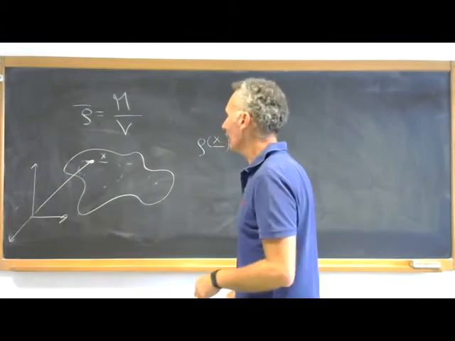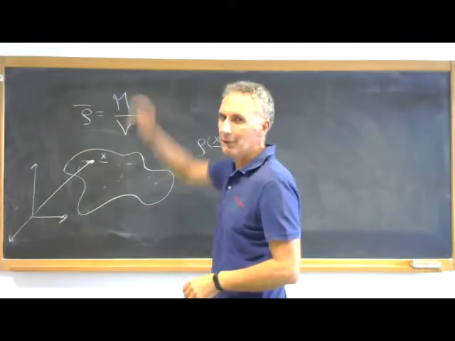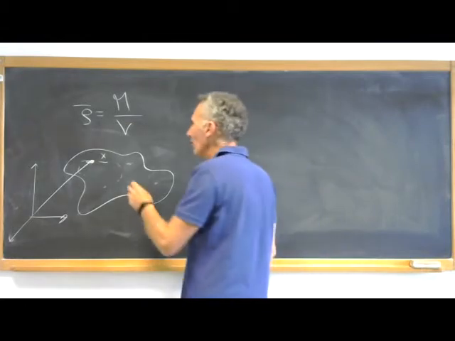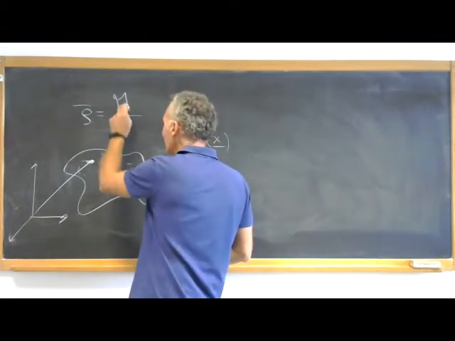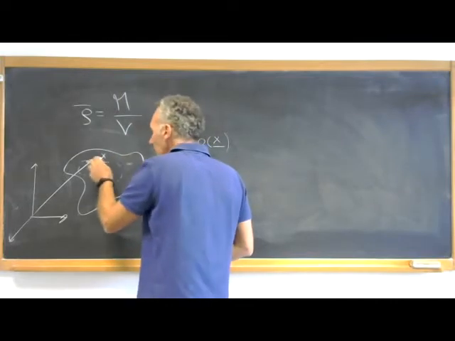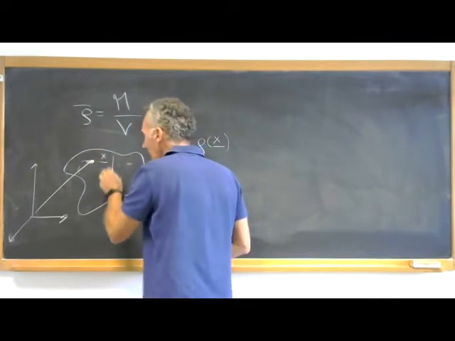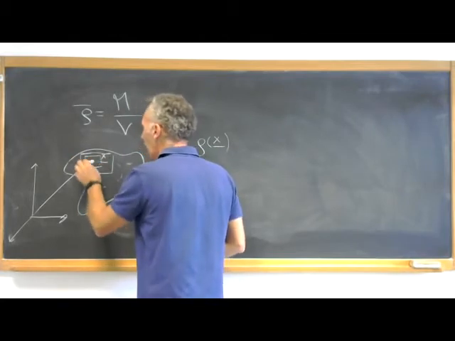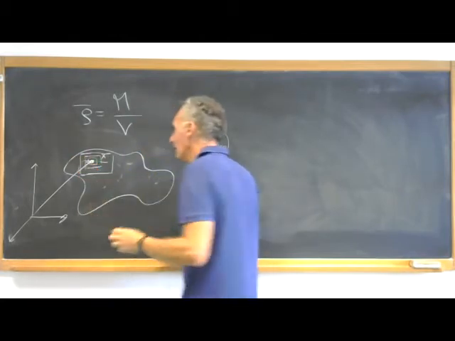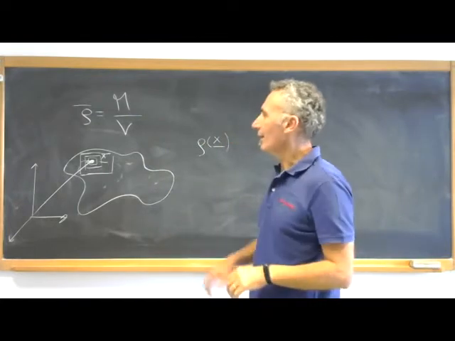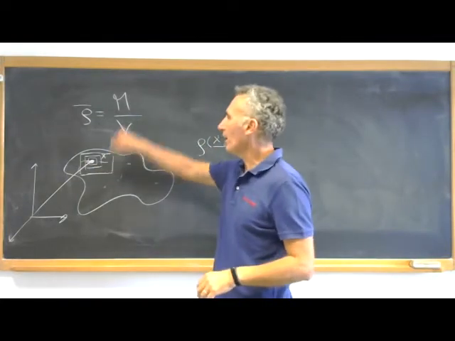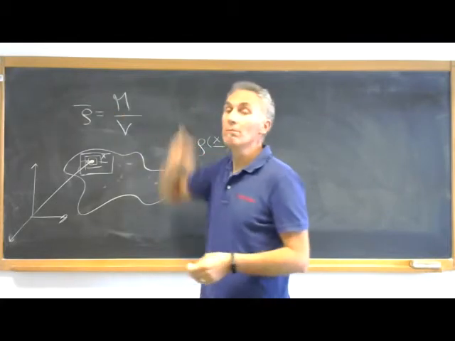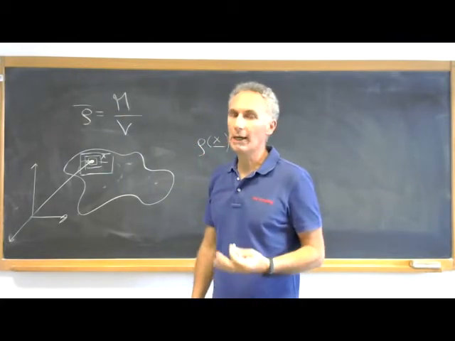Well, it is not very different from what I've described here, because all I need to do is just to restrict the mass and the volume. So what I do is nothing but taking smaller and smaller portions of the object. The smaller the portion of the object becomes, the smaller would be its mass, but the smaller would be its volume as well.